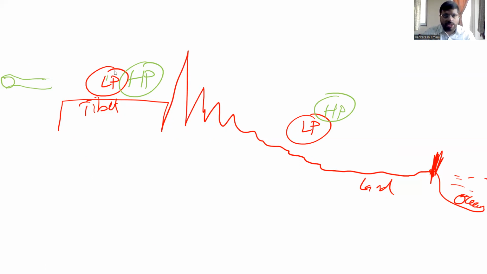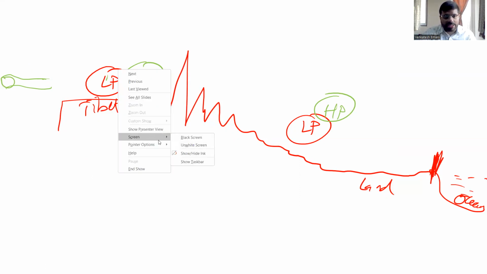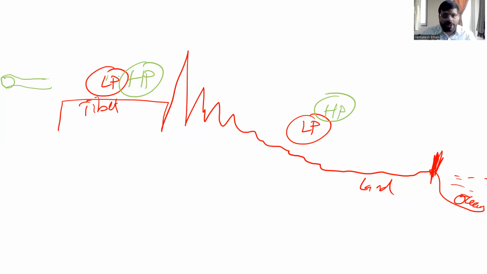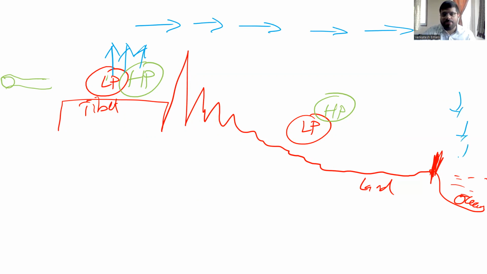Now over this low pressure, there is another jet stream, the tropical easterly jet stream. Let me show you with another color. The air which rises from here moves in the upper atmosphere, dumps into the ocean, and creates high pressure. Now this is high pressure and this is low pressure. What happens? Winds enter into India like anything.